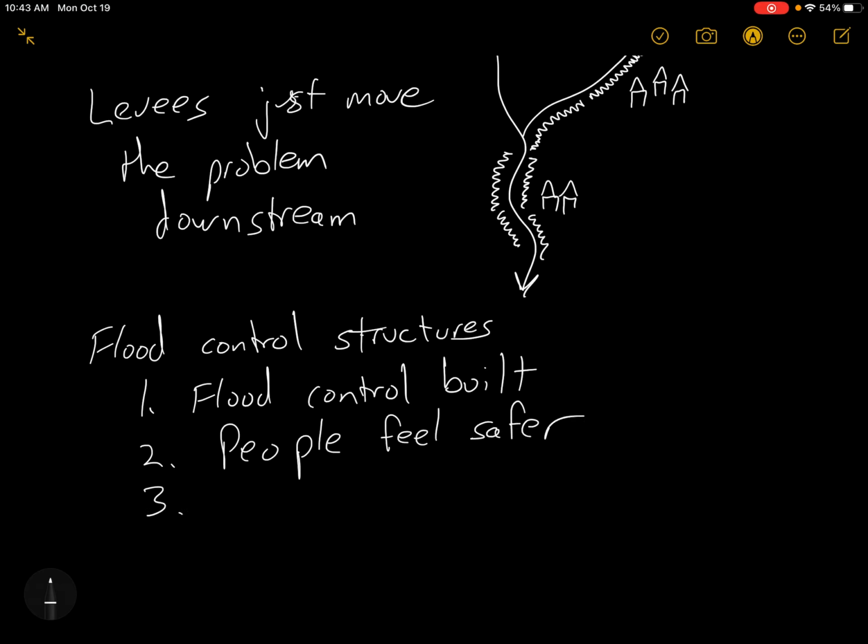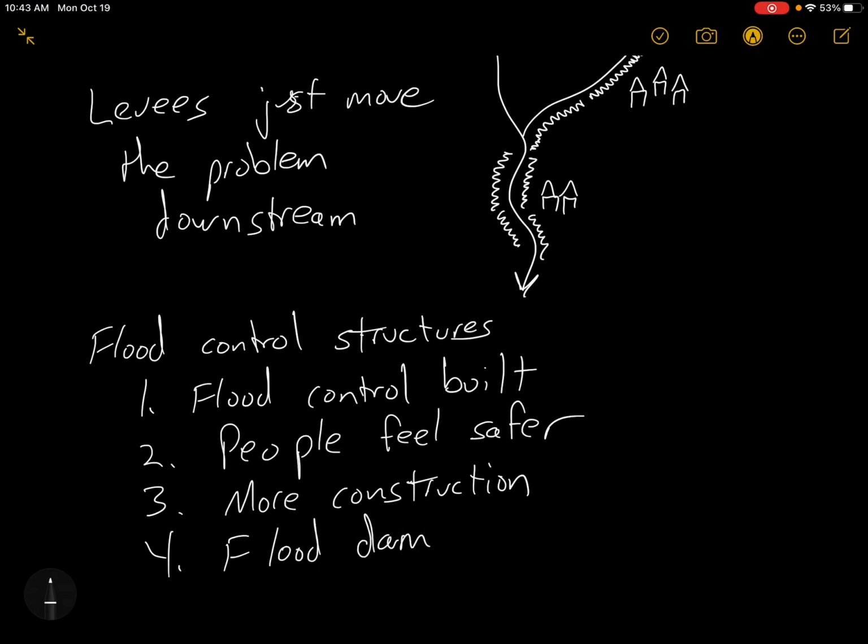They think, okay, well, I'm behind this big concrete wall, so it's all good. And so they'll start doing things like building houses and constructing businesses in downtown districts and stuff like that. But eventually, there's going to be a big enough flood that there's going to be a lot of flood damages. Eventually, that levee is not going to be able to withstand every single flood that happens.